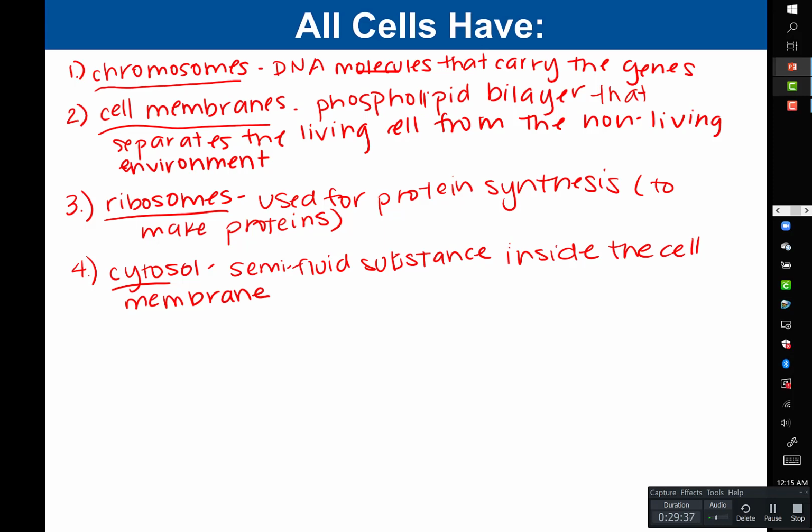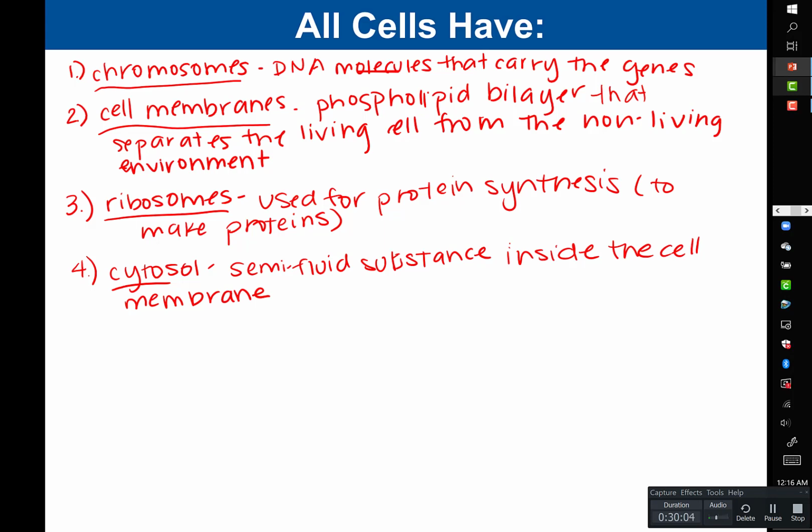So this is our semi-fluid substance inside the cell membrane. You'll hear the space referred to as the cytoplasm. The fluid itself is called the cytosol. So technically you could probably say all cells have cytosol or all cells have cytoplasm. Both would be true. But all cells have this semi-fluid substance inside the cell membrane, and that's important to the way that cells work.